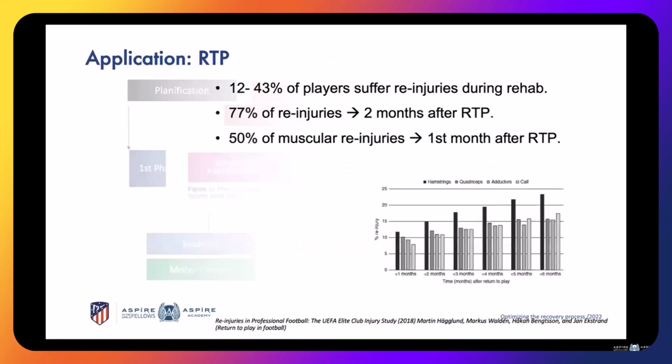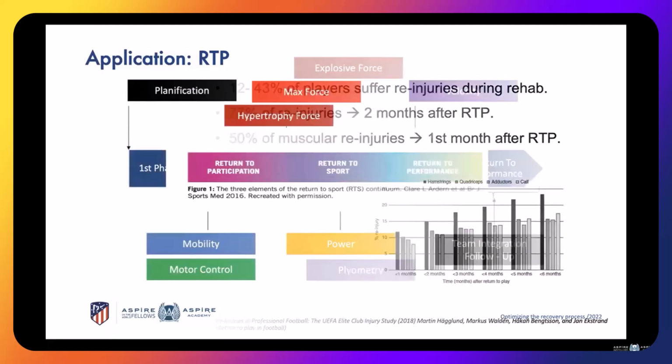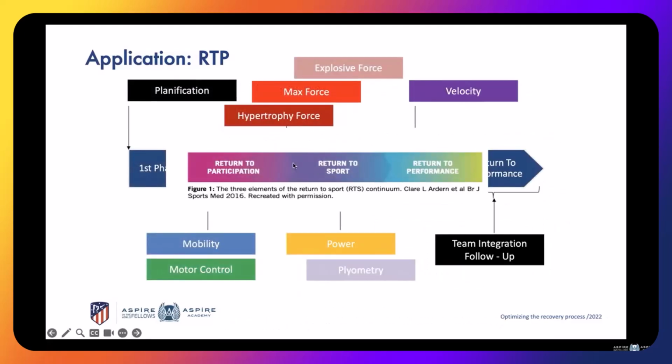Now, when we move to the next step, as we become closer to the return to play, we include power and plyometric testing. And in the last phase, when we are having the on-field training, is where we take this velocity data from the GPS.